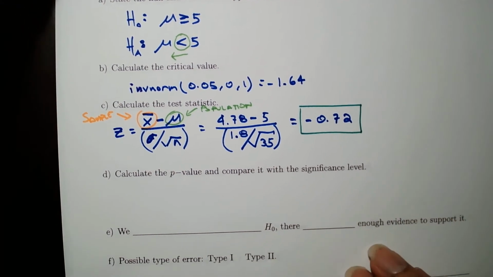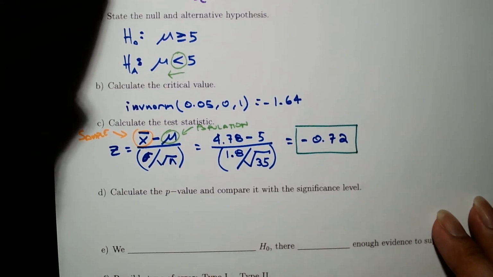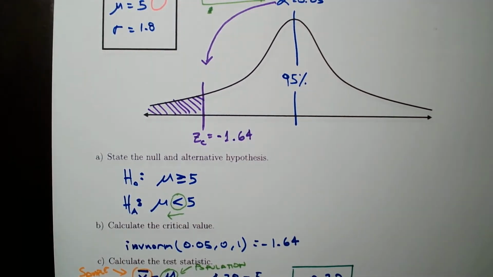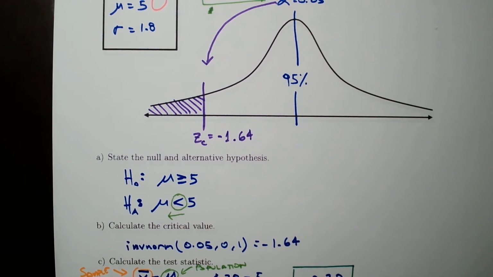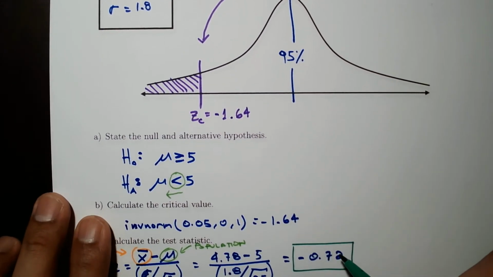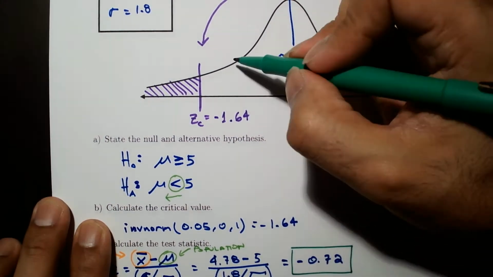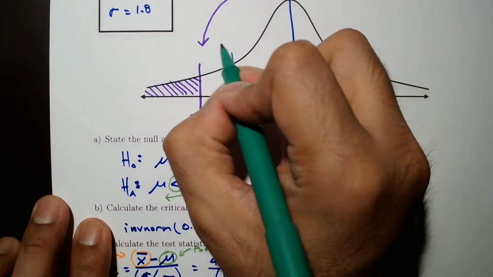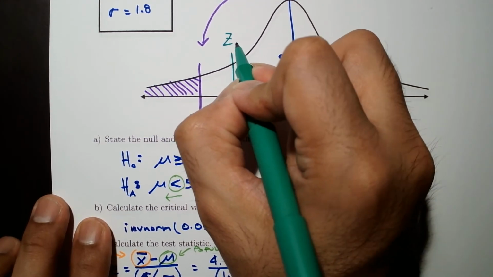It's time to determine whether we have sufficient evidence to determine whether our claim is true or not. It turns out that in this case, negative 0.72 is going to fall in the unshaded region. What does that mean?